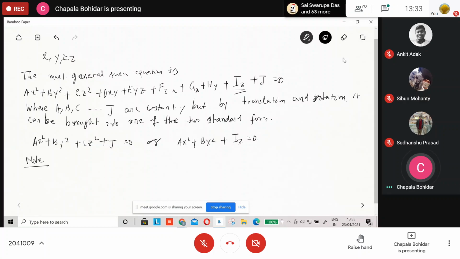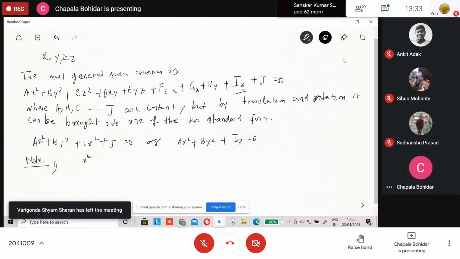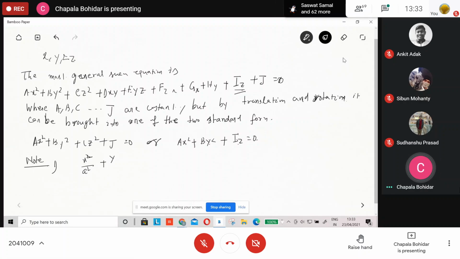So now note. First one. X square by a square plus y square by b square plus z square by c square is equal to 1.